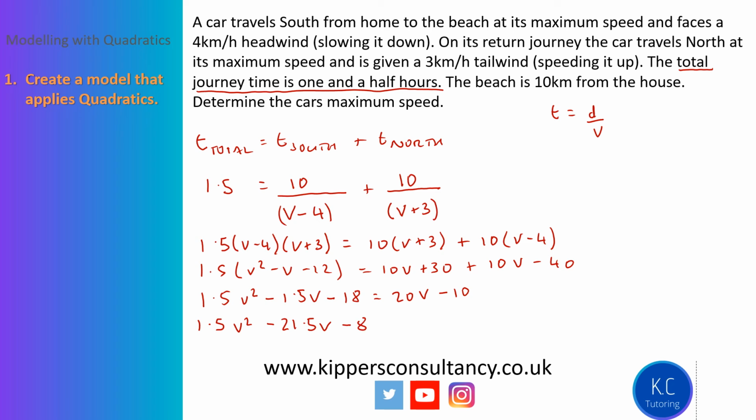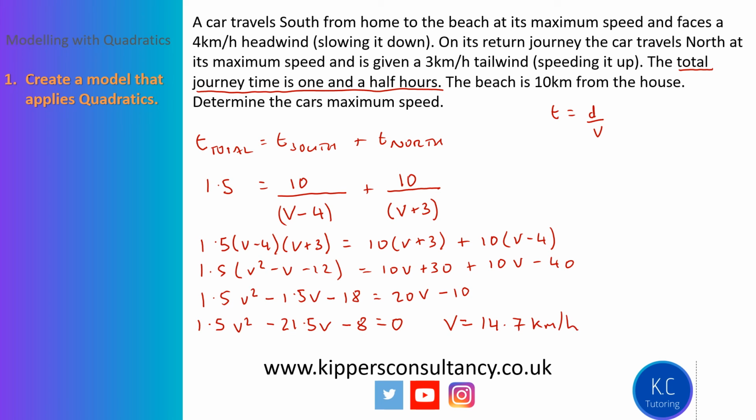minus 8 equals 0. Now, most of us use Casio calculators, and I'll include a link for the calculator that is recommended to use on this course. On this calculator, there is an equation solver, and we end up with the value that v is equal to 14.7 kilometers per hour.